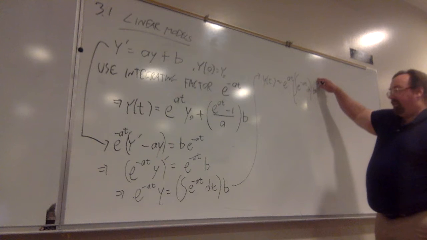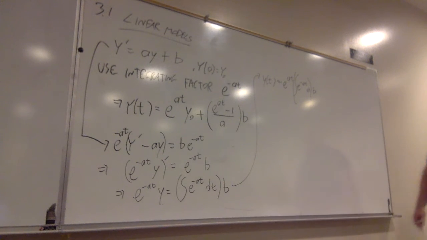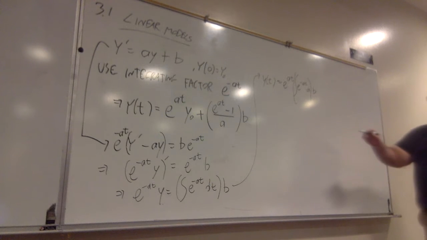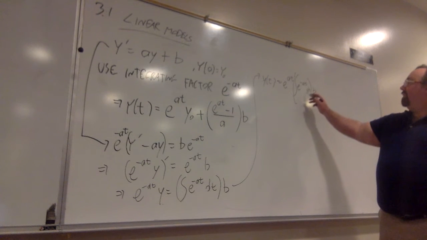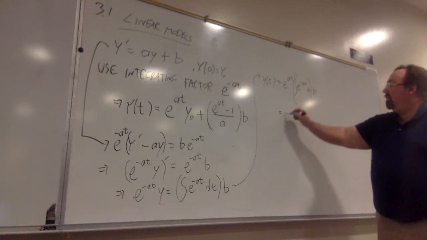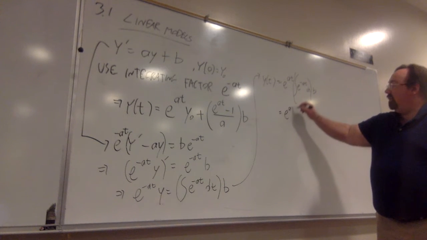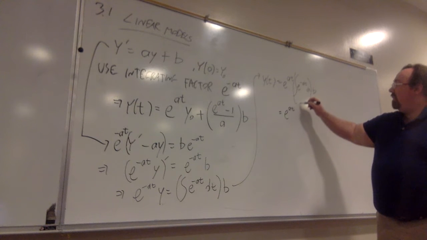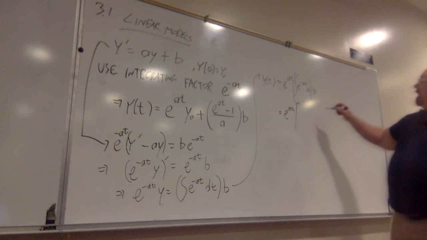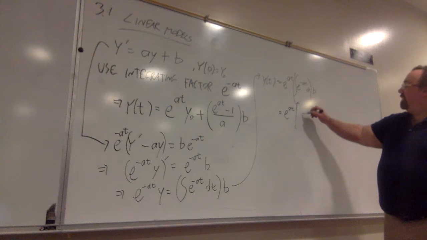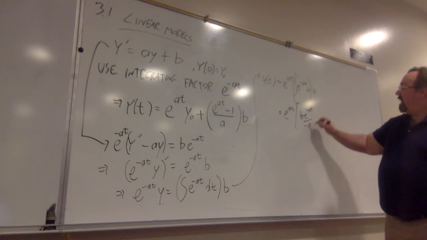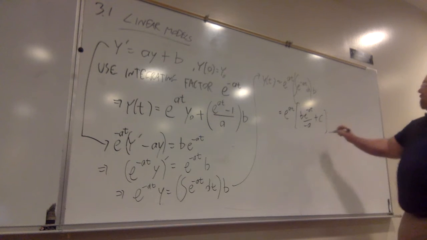And what will happen from here is when you work out this integral, then you get b e to the minus at all over minus a plus a constant.